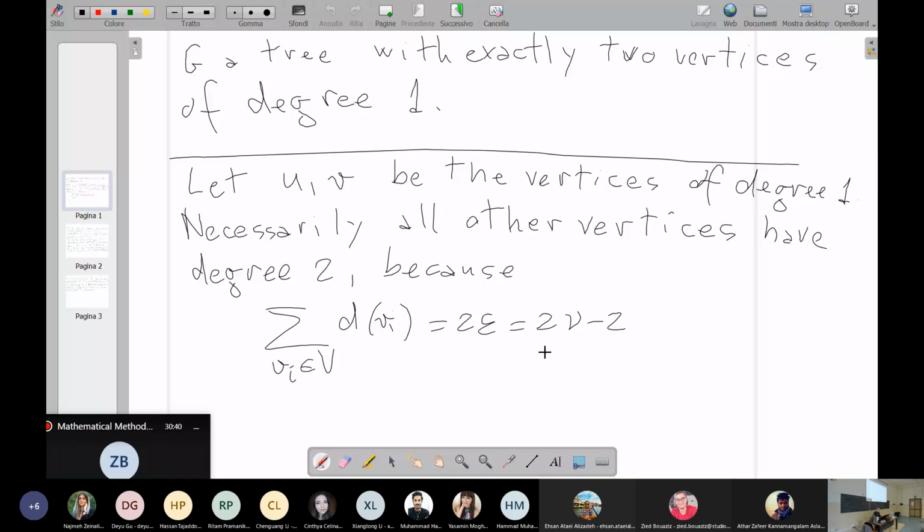So twice epsilon is 2n minus 2, and this is the sum of all degrees. So since two vertices have degree 1, all others must have degree exactly 2. Okay? So we know that when we reach a vertex, either it is a vertex of degree 2 or it is that other vertex of degree 1.